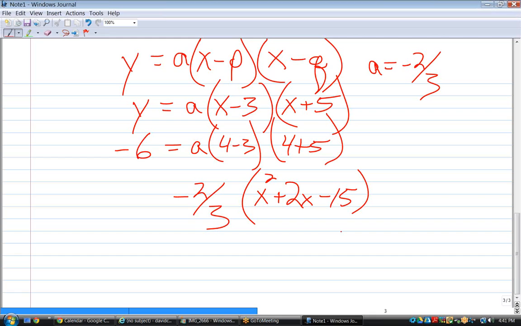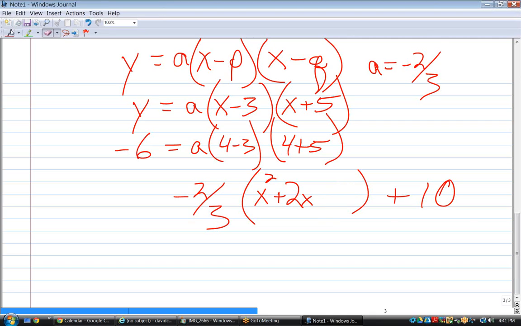Okay. Let's remove the minus 15 and put it to the side. If I take that minus 15 out of there and put it to the side, it becomes a plus 10. Notice that if I distribute it, I got a plus 10 in there. So I'm going to take it out and put it like that.